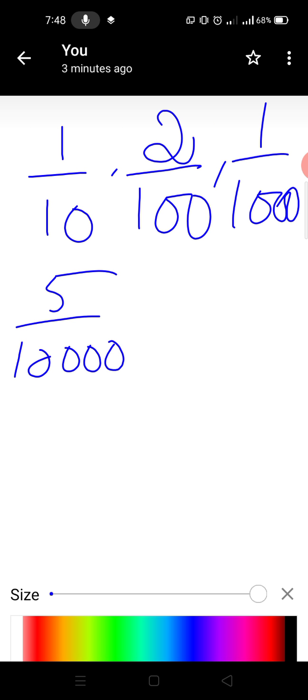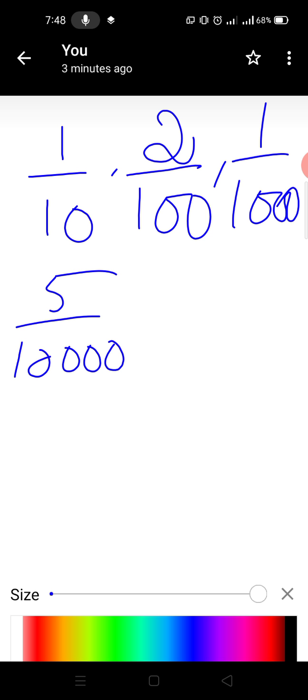If the denominator is 10 or 100 or 1000 or any other power of 10, then that fraction is known as a decimal number.